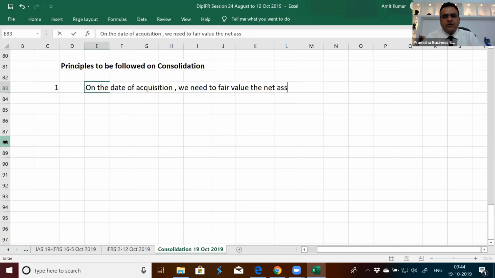This is a requirement of IFRS 3 Business Combinations. If we fair value net assets of the subsidiary, there is bound to be an increase in the value of assets, which may also result in the emergence of deferred tax liability. Calculate goodwill.